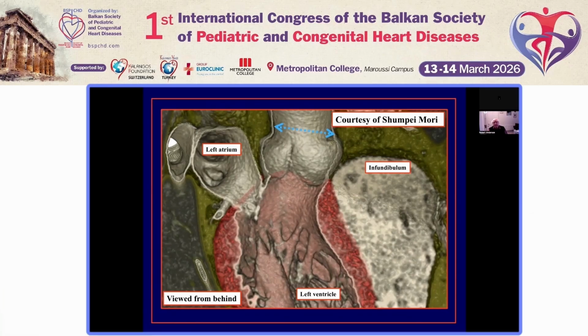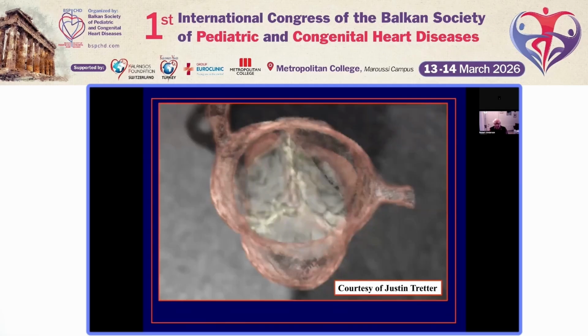And you can recognize rather well the sinutubular junction, and then the virtual plane, which we create by joining together the nadirs of those semilunar hinges. But what Shumpei has done to make this computed tomogram, he segmented the myocardium. And there you see the myocardial arterial junction part of the way up, across the two sinuses of the aortic root that give rise to the coronary arteries.